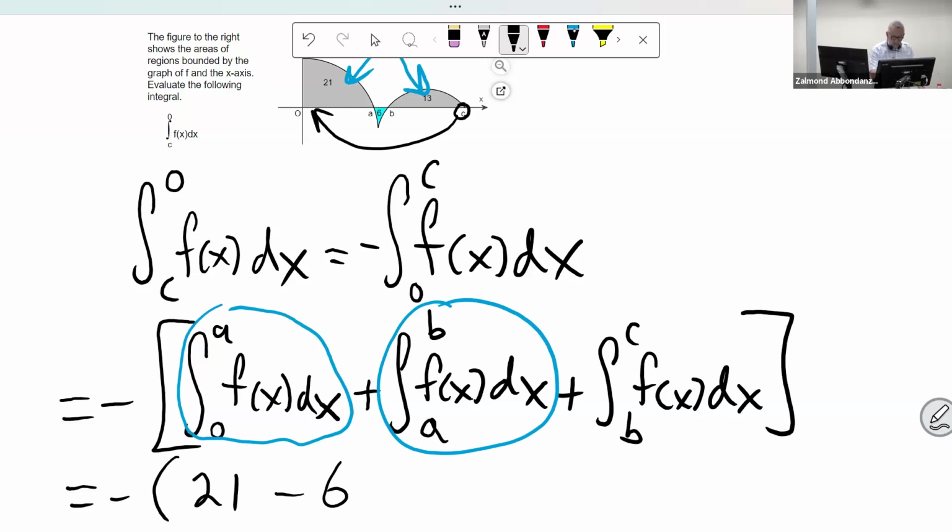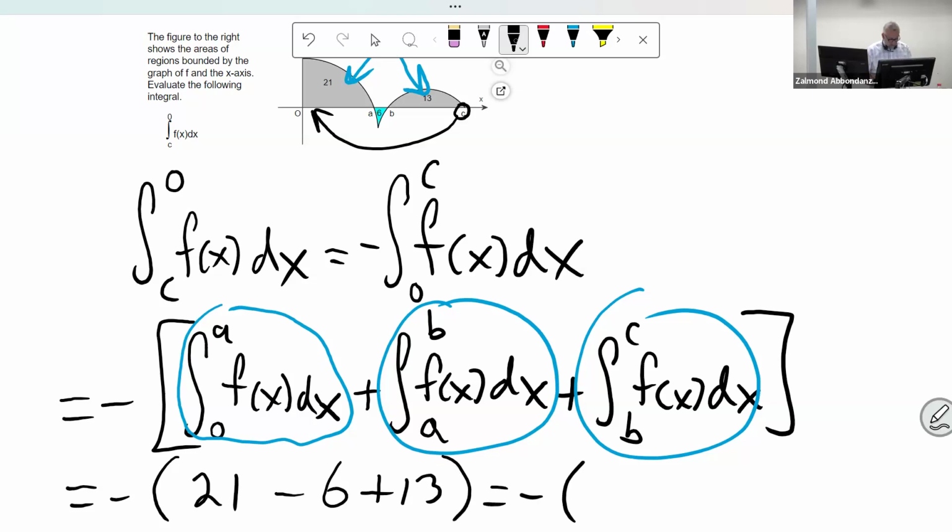And the last one, this one here, is the same as the first. It's going to be equivalent to the area. The area is going to be the same as the integral, so that's plus 13. So that's negative, what do we have? 21 plus 13 is 34, minus 6 is 28, so we have negative 28.